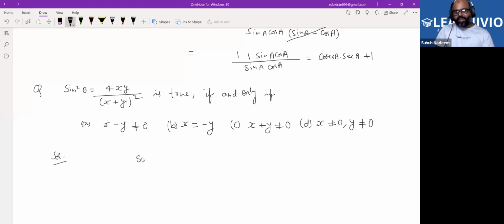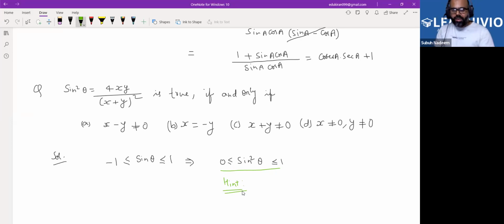We know that sine theta and cos theta both are trigonometric functions whose value always lies between 1 and -1. Since it is a square, negative cannot be possible. So this value will be between 0 and 1, greater than or equal to 0 but less than or equal to 1. So this is the hint: sine square theta lies between 0 and 1.